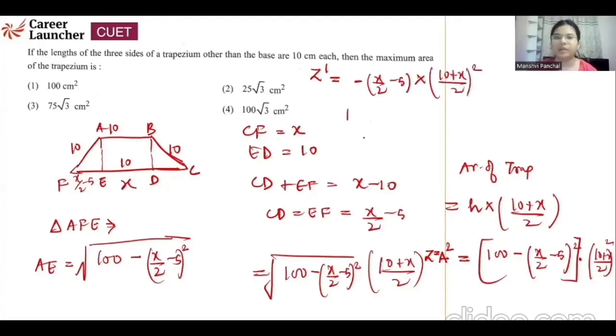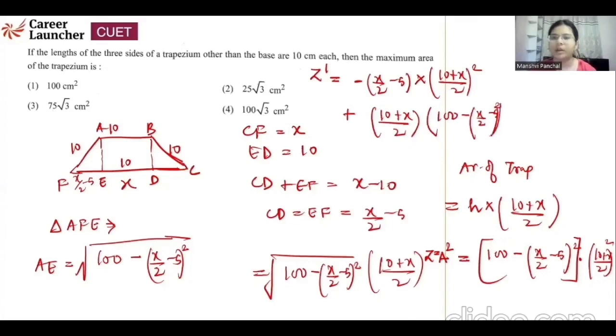Then plus 2 into (10 plus x by 2) into 1 by 2, so this 2 will cancel out, into the whole of 100 minus (x by 2 minus 5) whole squared.